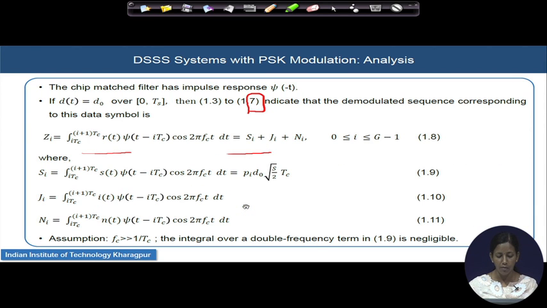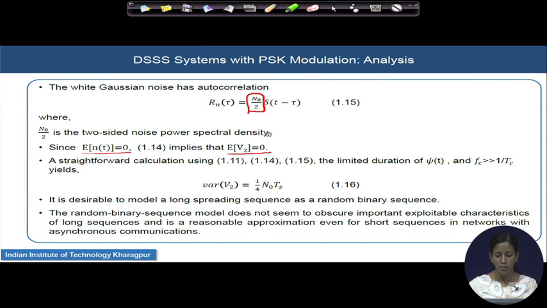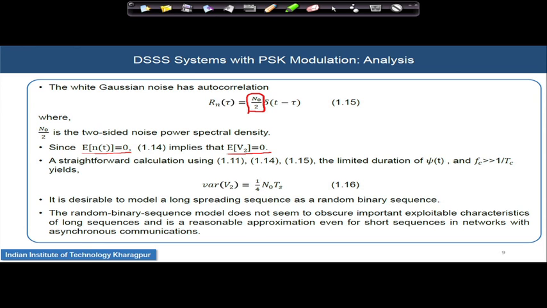Another half is coming from the fact that we have to take a 2 cos square theta inside the integration, and the higher order terms again will be neglected, and that half will come as an additional part multiplied with this N 0 by 2, leading to 1 by 4 N 0. T s is coming because there is an addition over the accumulator over the number of samples equal to capital G.